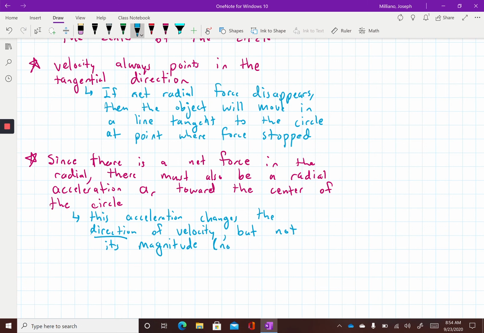So this object is not getting faster or slower with just a radial acceleration, or just a radial component of acceleration.